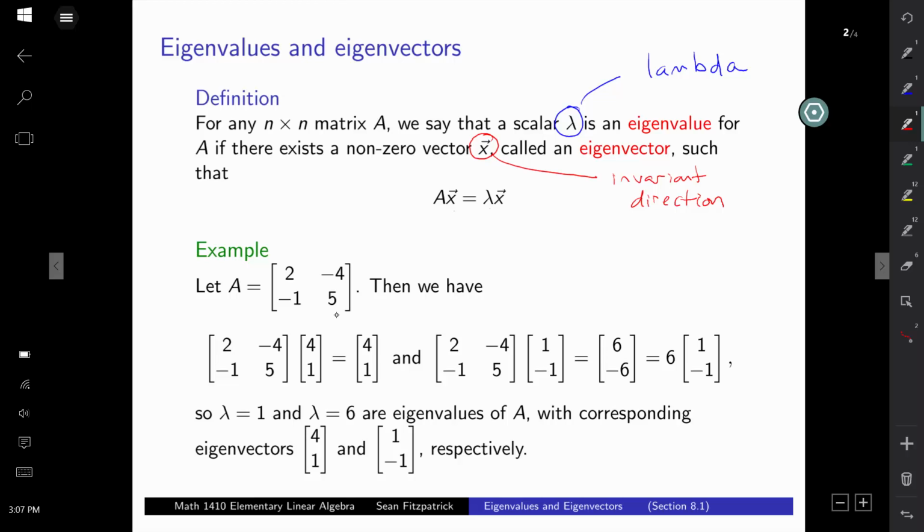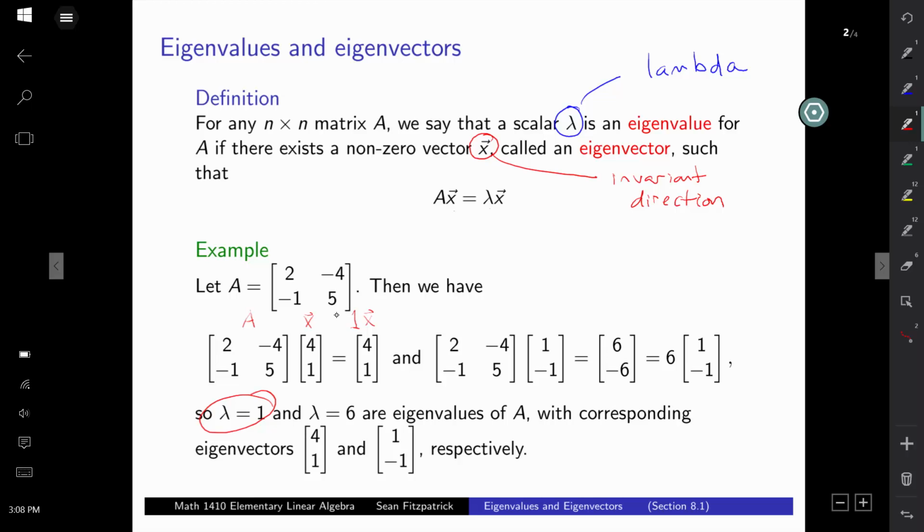Okay, so if I take the vector (4, 1), I multiply on the left by A, right? So 2 times 4 is 8 minus 4, 8 minus 4 gives me 4. Minus 1 times 4 plus 5, I get 1, right? So I get back the same thing. So if this is x, in this case A times x equals x, which is 1 times x. So lambda equals 1 is an eigenvalue. And then for this other vector, here's A times another vector.